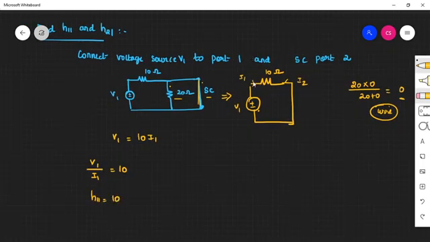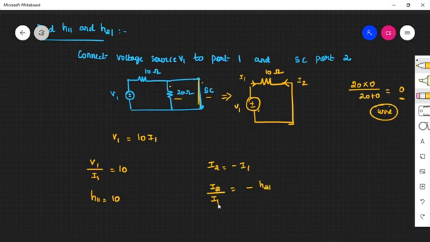Also, in this circuit I1 and I2 are in opposite directions, so we can write I2 is equal to minus I1.